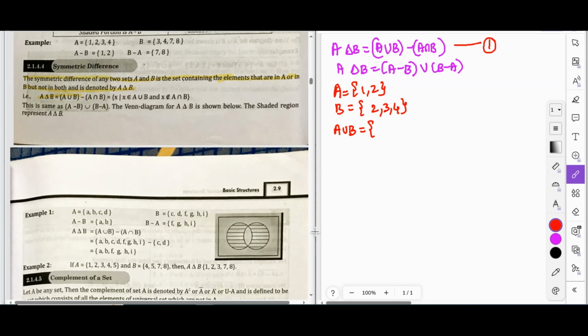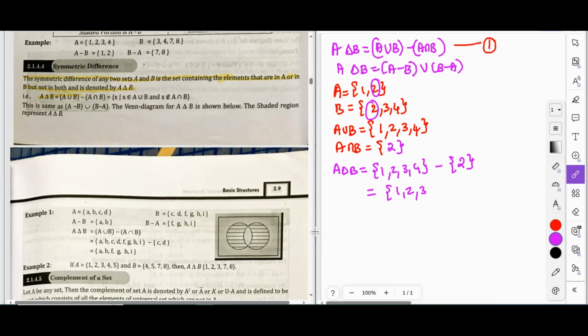Writing all the elements together. That is 1, 2, 3, 4. Then what is intersection, A intersection B? Intersection is nothing but selecting common elements. What is common here? 2 is common. Certainly 2. So if you use the formula, A delta B will be A union B, which is 1 comma 2 comma 3 comma 4, minus A intersection B, which is 2. So the same minus means what? It is division.